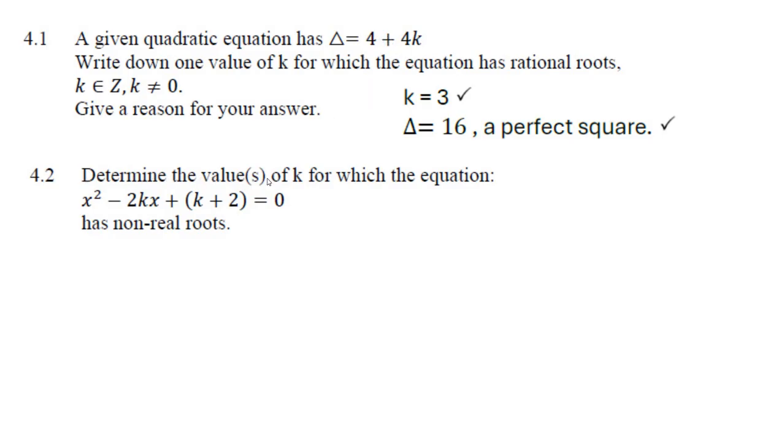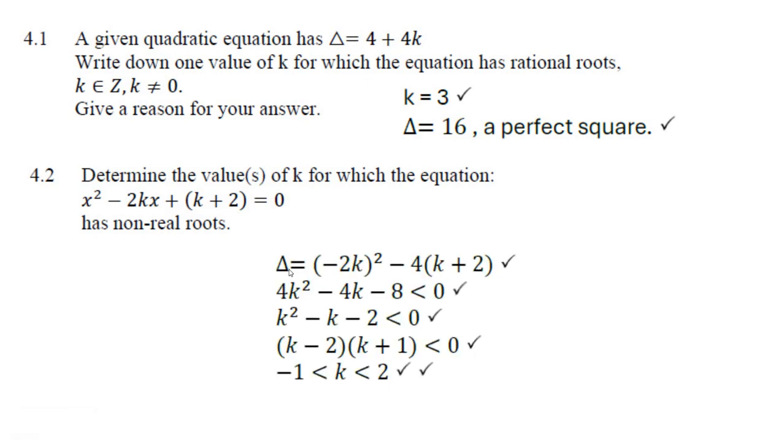Now here, this question said, determine the values of k for which the equation has non-real roots. Well, that means the discriminant has to be less than 0, not equal to 0, because for non-real roots we want the square root of a negative number. So delta has to be less than 0.